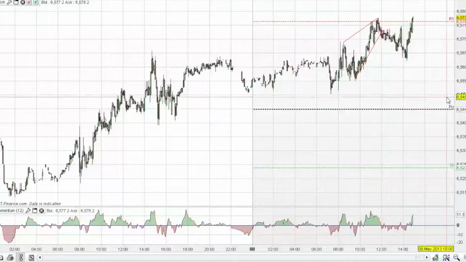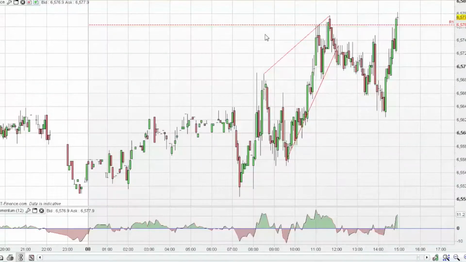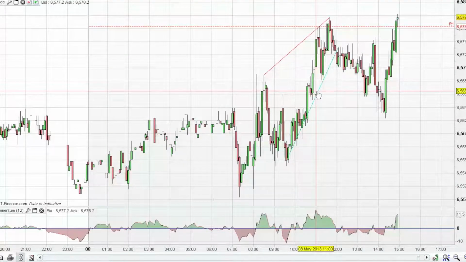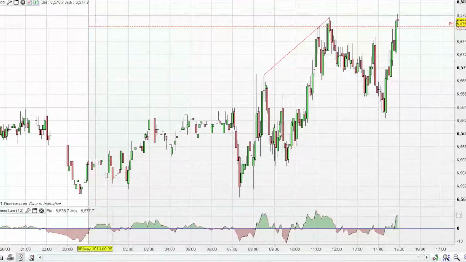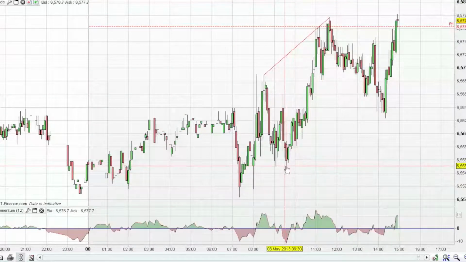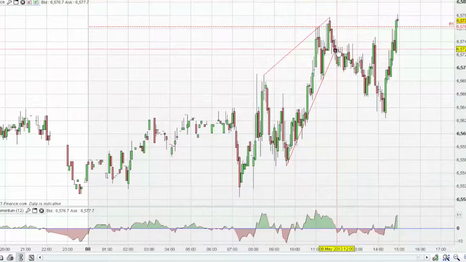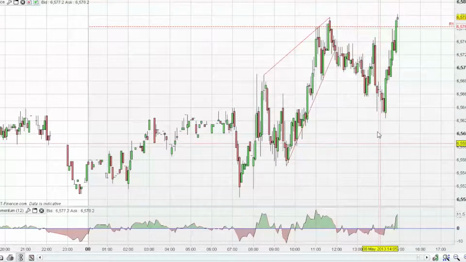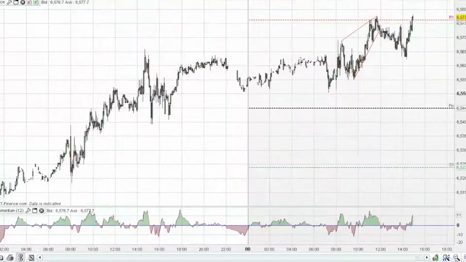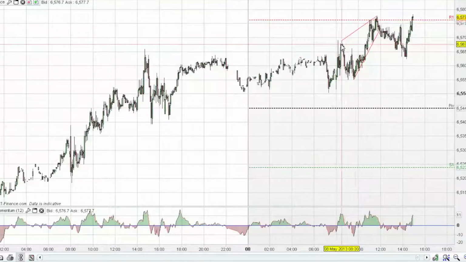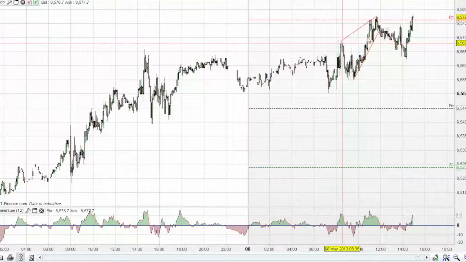Right, this is what I would call a rising wedge. Not drawn this fantastically well. You need to look for at least 3 touch points, and if you have 3 touch points on the top and the bottom line, then it is a valid chart pattern. So in this case, it's a rising wedge. As you can see, the chart pattern has formed from about 7:30 right up to the breaking point there.